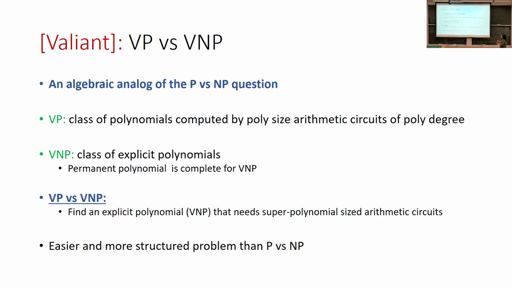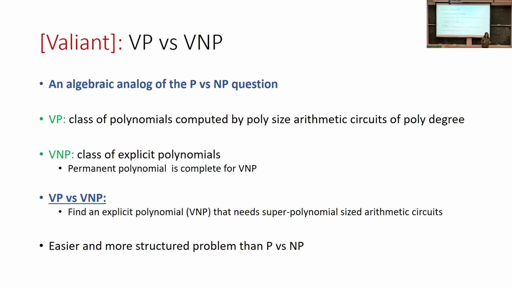And the VP versus VNP question is the question of trying to separate VP from VNP. Can you find an explicit polynomial that you can prove needs super polynomial size arithmetic circuits? So in particular, if you can prove that the permanent needs super polynomial size arithmetic circuits, you would prove that VP not equal to VNP. And in some formal sense, this is an easier and more structured problem than the P versus NP problem.